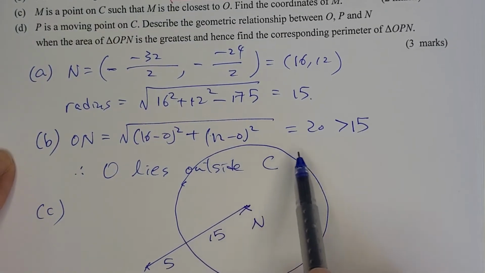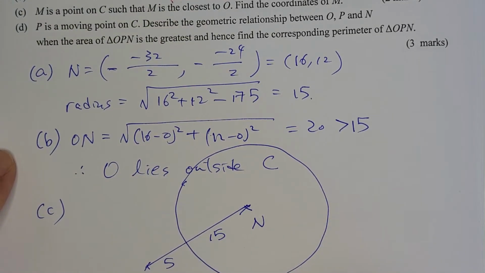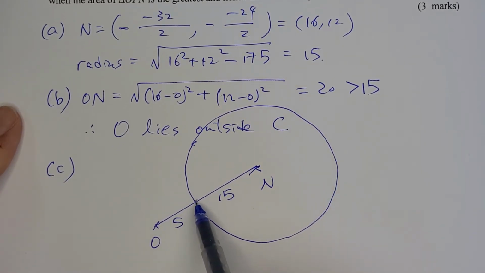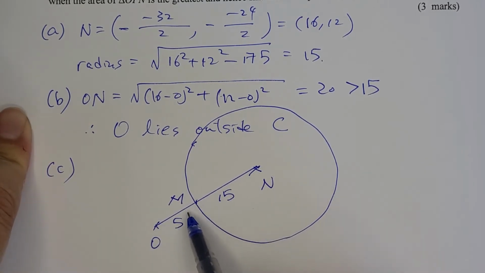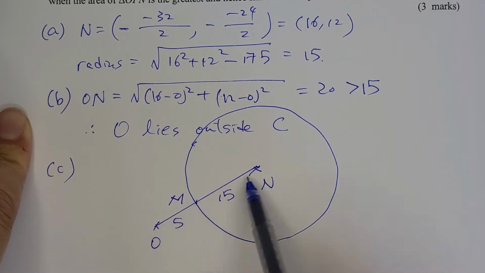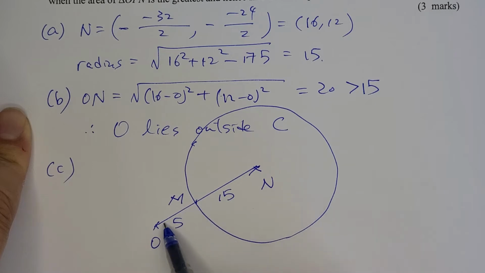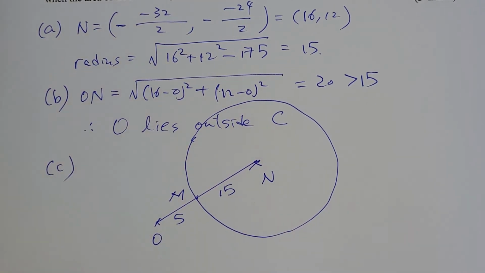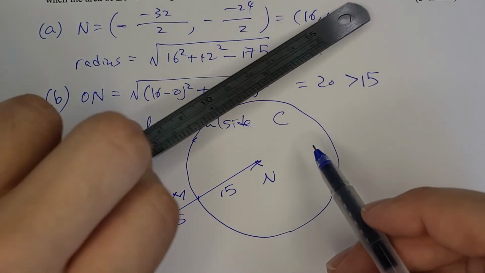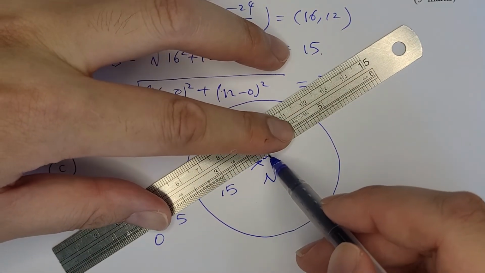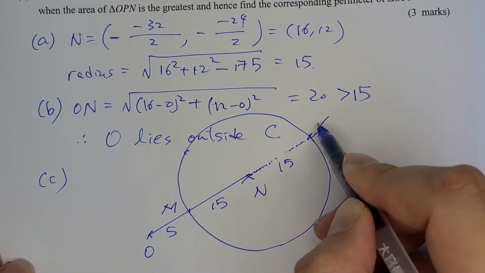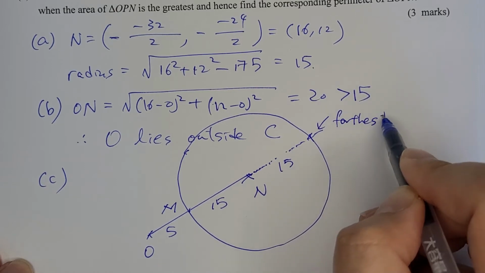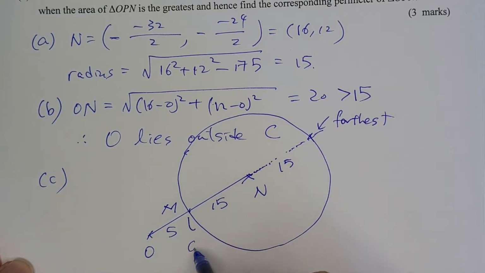And M is a point on this circle C which is closest to O. So it must be this point. Joining ON and finding the cutting point of this circle with the straight line ON, this point will be closest to O. And of course, some of you may think, how about that side? If you extend this line, this point will be farthest. This point would be closest.